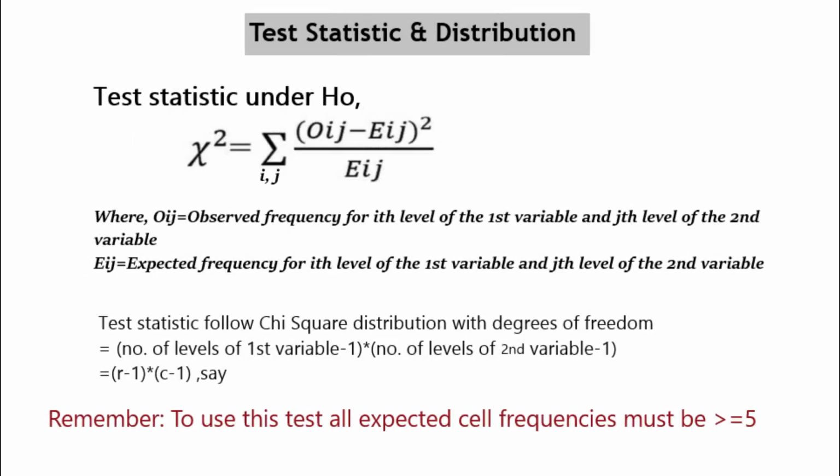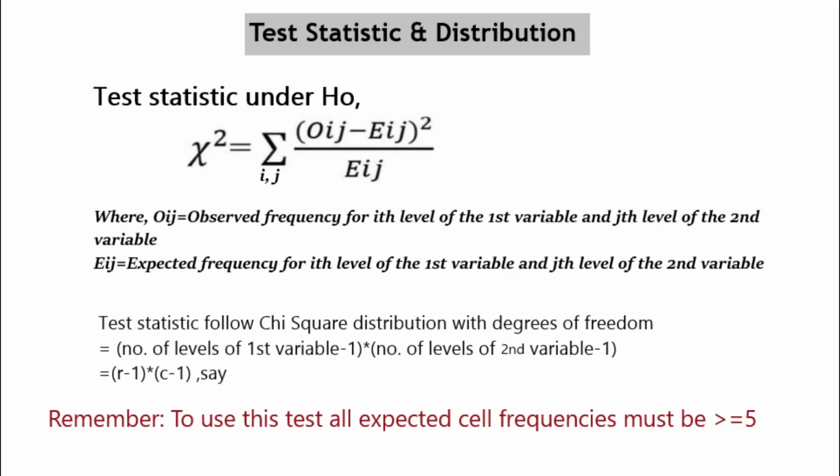What will be the test statistic for the test of independence? You can see the test statistic under the null hypothesis, where Oij equals the observed frequency for the ith level of the first variable and jth level of the second variable. Eij equals the expected frequency for the ith level of the first variable and jth level of the second variable.